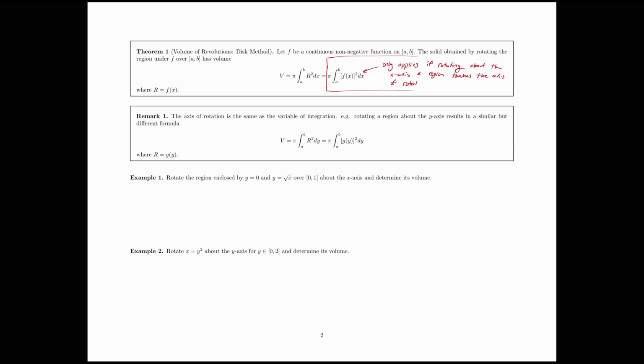If it doesn't, then this formula here is a little bit different. Same thing goes for this half here, but instead of the x-axis, it would be the y-axis. So there's a lot of differences, so you've got to be careful. Okay, we will start our next video with example 1.